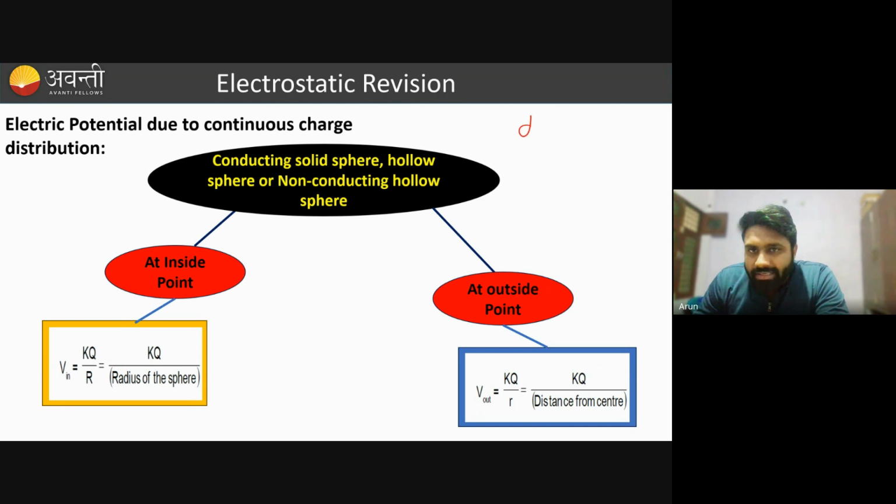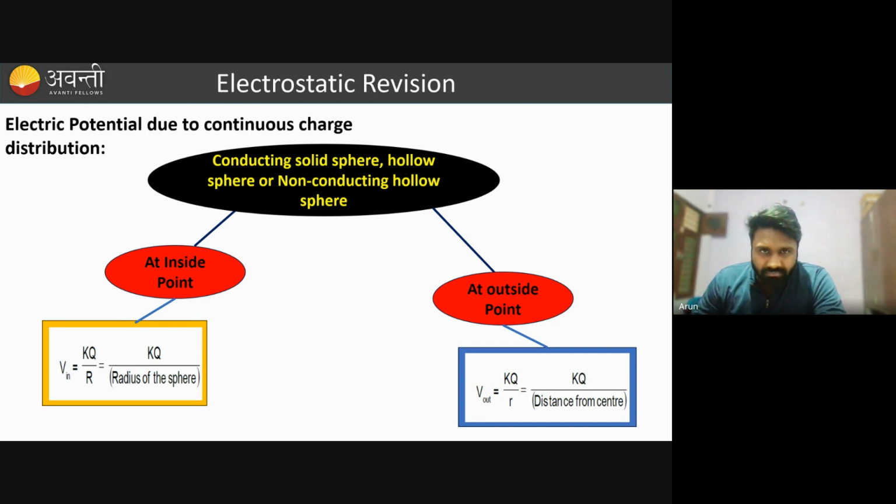That trick is nothing but dV is equal to minus E dot dr. Put the expression of E for that particular shape that has been given in the question and integrate it, and you will find the same expression that is given here. So this one single relation can give you multiple expressions that you need.